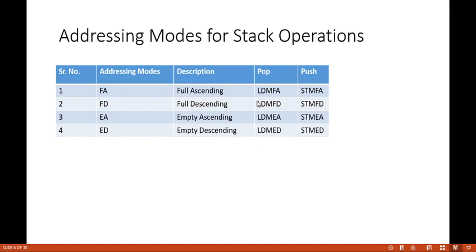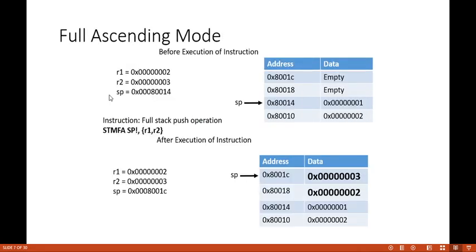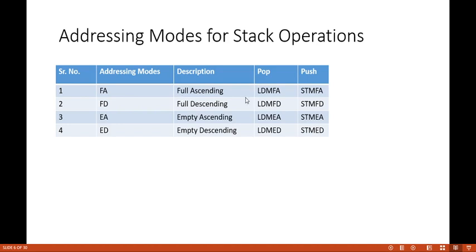For pop operation from the stack memory, you are using load multiple instruction. For storing the data into the memory, that is push operation, you are using store multiple instruction. Now, with load and store instruction, there are 4 different addressing modes specified here. First one is FA, full ascending, then FD, full descending, EA, empty ascending, ED, empty descending.